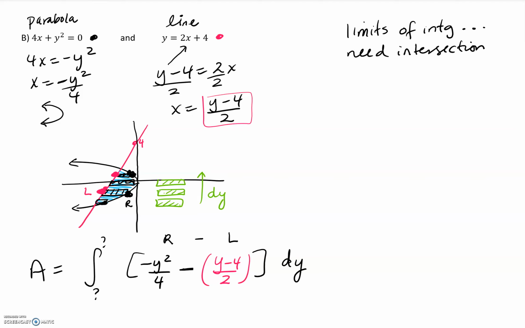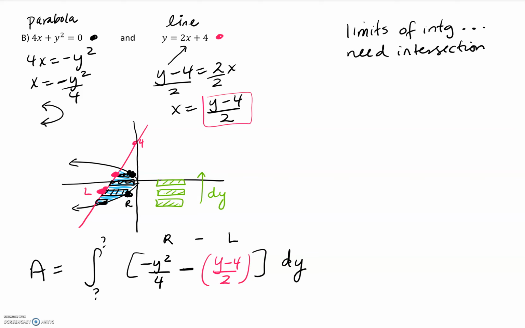So make sure you don't mix and match. Don't put y equals 2x plus 4 in here. Because you're doing a dy problem, your entire integrand should be in terms of y's, and your limits of integration should also be y's. So we got our sideways parabola, we got our line, we decided to do a dy problem and isolate x because it was easy to isolate x in both of them.